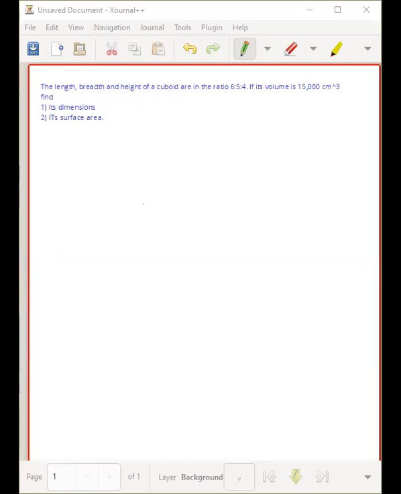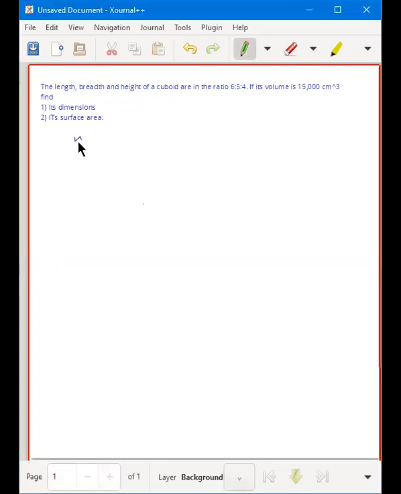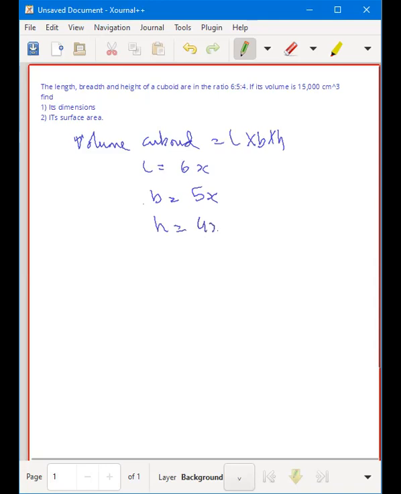So 6x, 5x, and 4x, we'll multiply. First, I write volume. We need to write down the formulas. Yes. So volume of a cuboid, length into breadth into height. What is the L over here? 6x. What is breadth? 5x. And what is H? 4x. Okay.